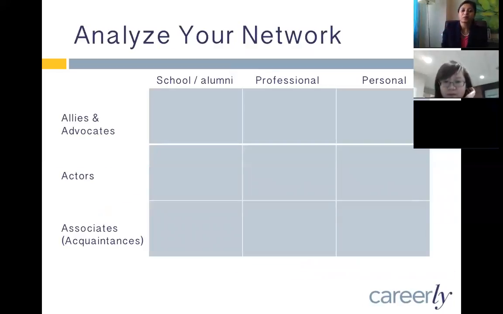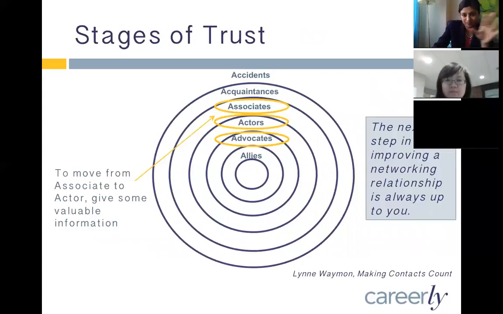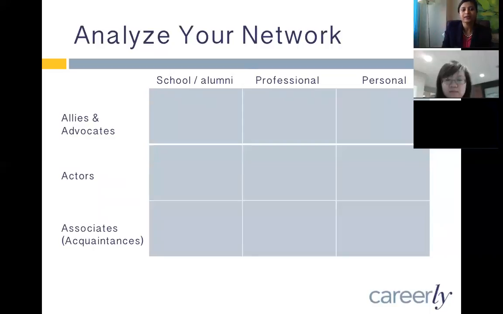So what I normally have students do is simplify this a little bit. I think her idea is right. I think allies and advocates, we can put at the highest level, and we can group those together. Actors are important, so we have to separate them, because that's where you're trying to convert the associates into actors.